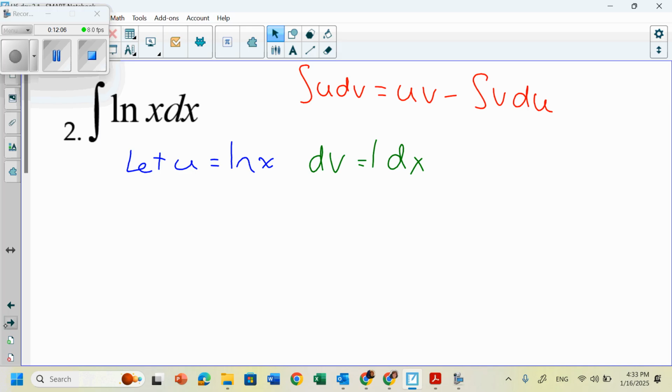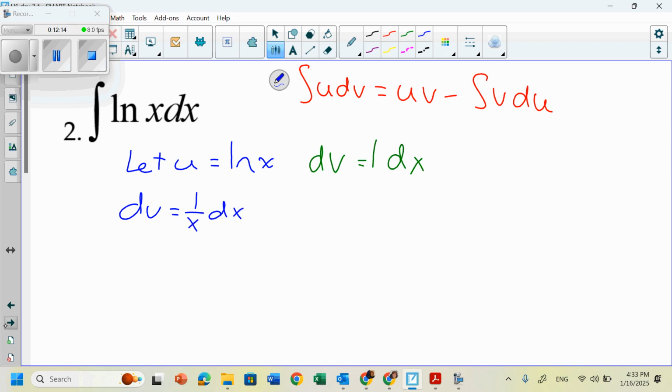If I said that dv is 1 dx, that takes care of that dx. That means that v is just x. One side is deriving, the other side is integrating. So, u, natural log of x, v, x, minus the integration of v, x, du, 1 over x dx.